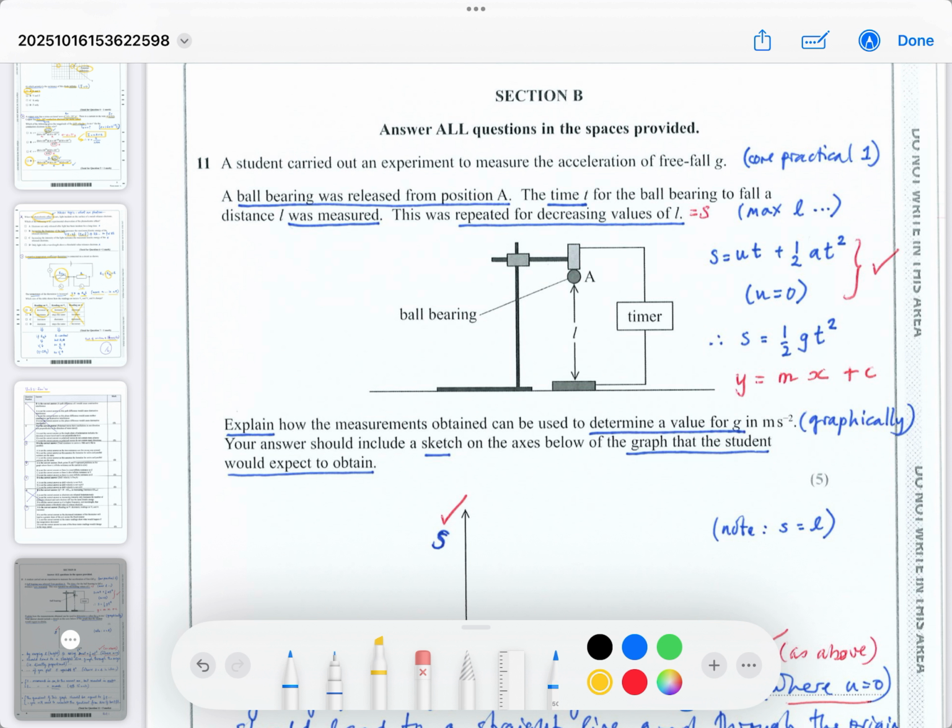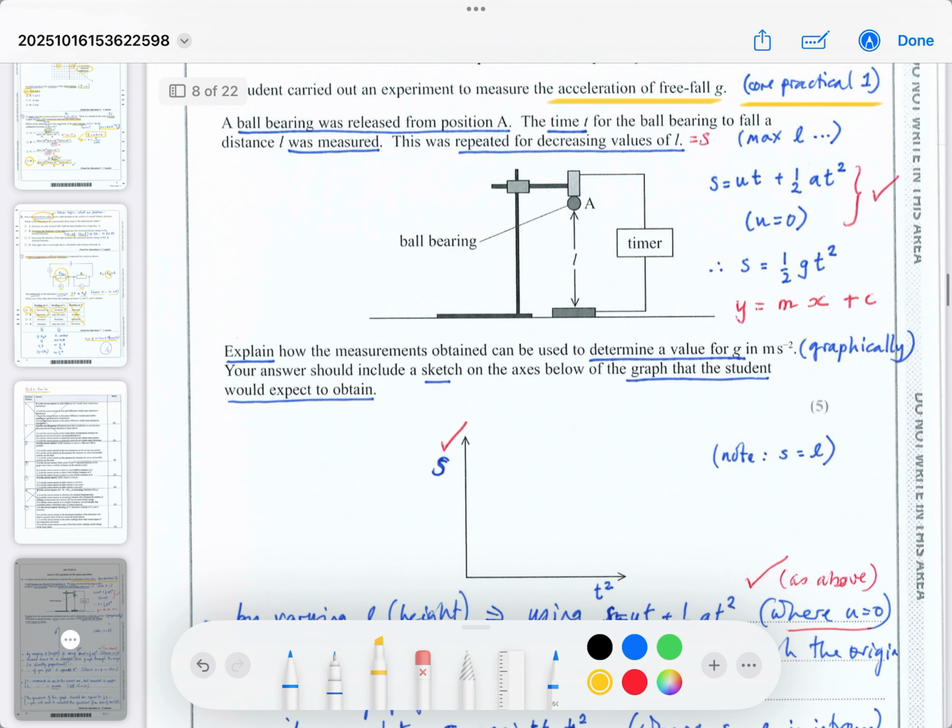They both then have section B, which could be anything. And this one is about core practical 1. So core practical 1 is to find the acceleration of free fall. Okay, and here's the equipment that they used.